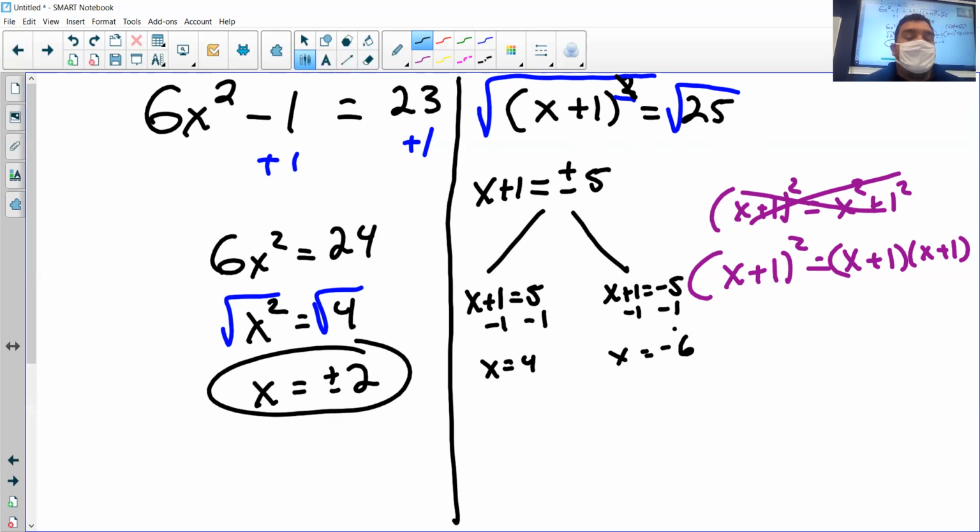Then you write x equals 4 comma negative 6. Even if it was x plus 1 equals 5, why didn't you subtract and get x equals 4? But you need both answers. So it's better to split it up and do it separately versus trying to shortcut that. Okay?